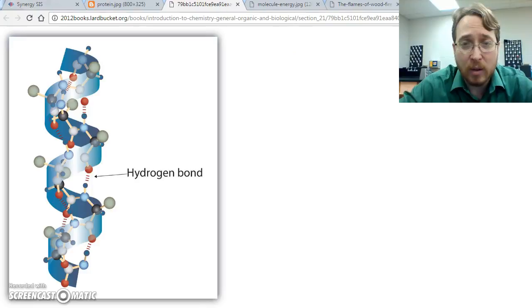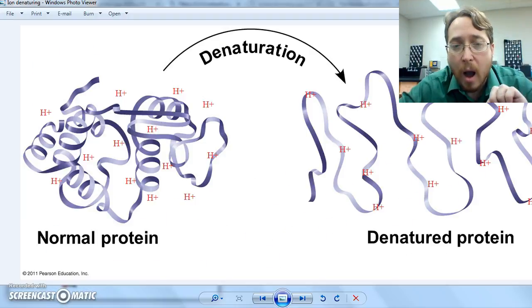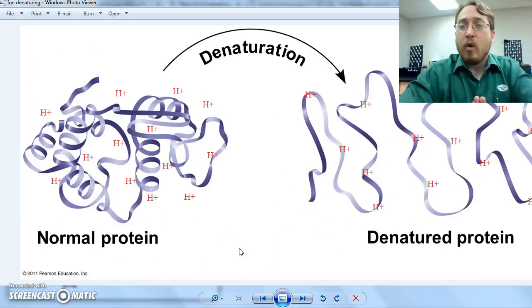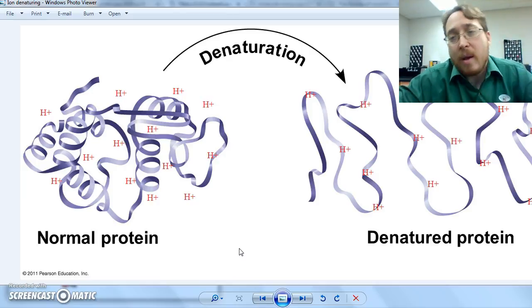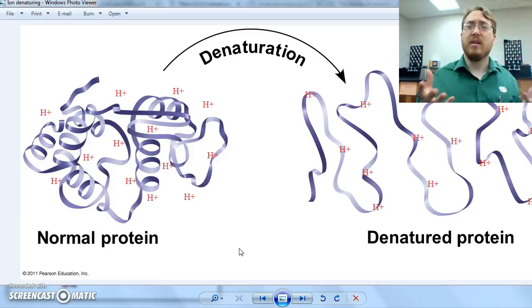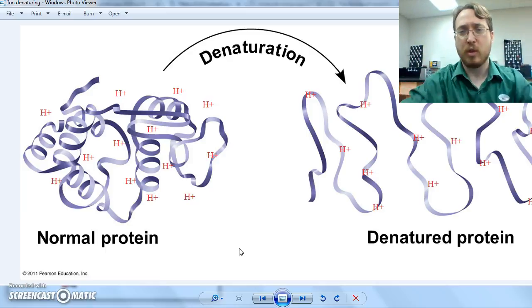There is a second factor that contributes to denaturing, and that is ions in the environment. So if a protein is in water, that means that there are still some ions around, but there's not too many. The protein can deal with them, and they can fold into their natural shape.